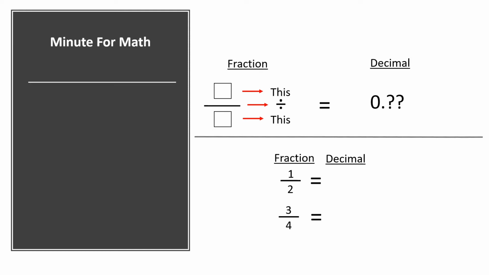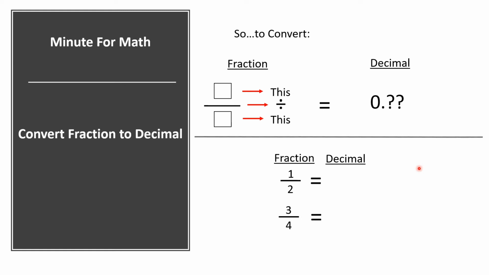All right, let's take a minute for math. We're going to make sure we cover this pretty good so you don't forget it. To convert a fraction to a decimal, the fraction is this number over this number. Like I said, this is divided by this, and that equals your decimal. So if we had a fraction of 1/2, what does that equal?